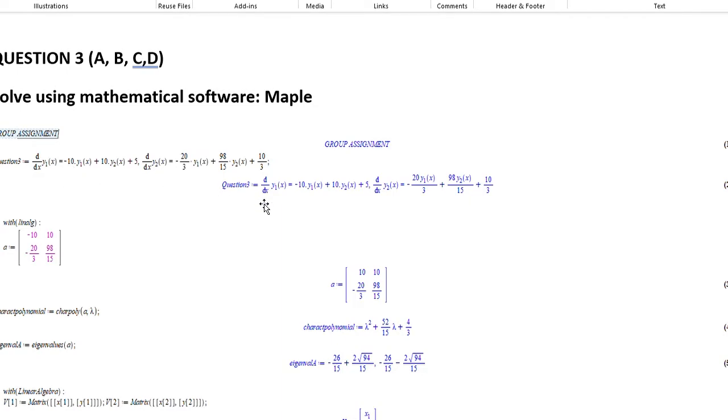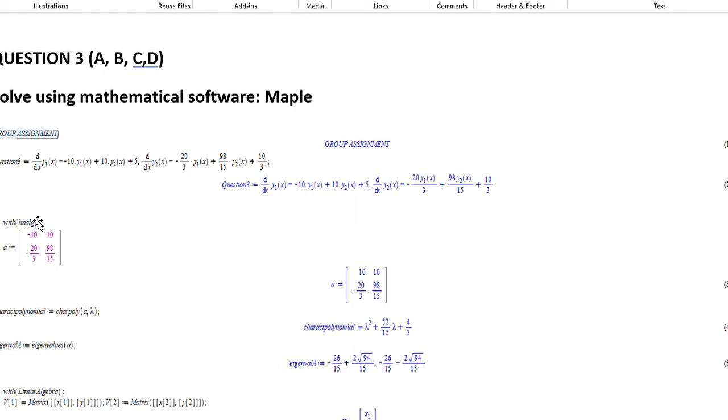D per dx y1 x, and this part is y prime. If I write the y prime, it will appear the same formula here.